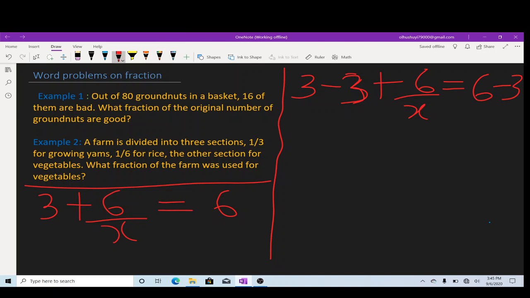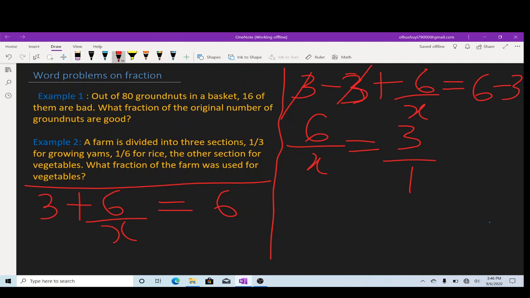This and this are as good as gone. So 6 upon x can be equal to 3. Since you have 6 upon x equal to 3, this means 3 over 1. Then from here you are looking for x, right?